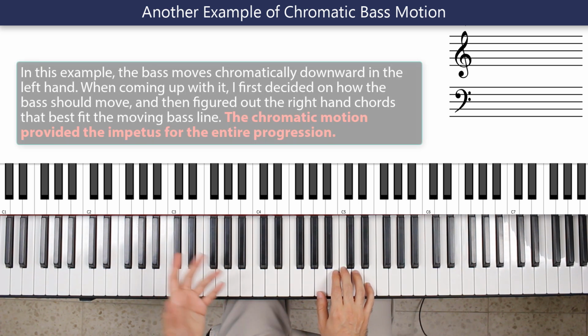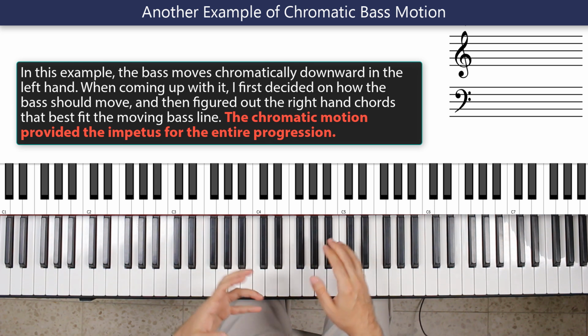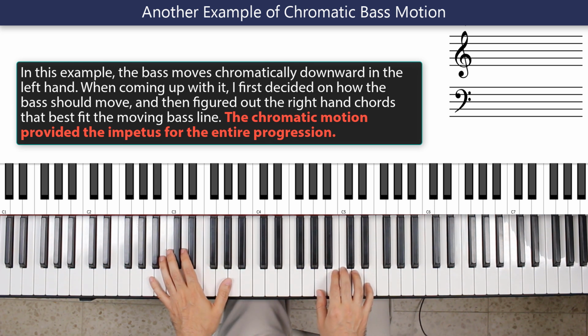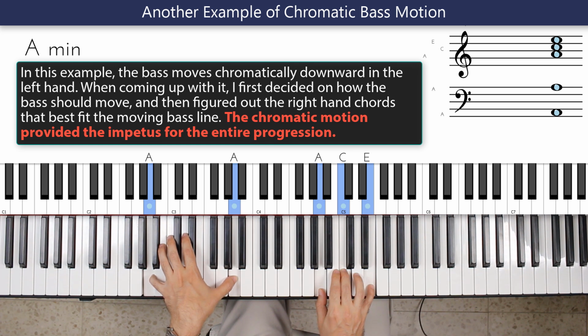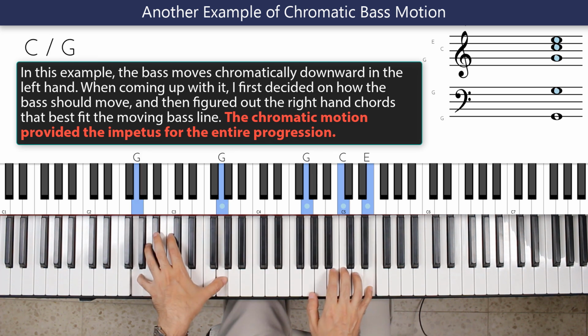For example, there are many famous chord progressions or voicing progressions that think in terms of chromatic motion. For example, think of this A minor going to an A flat augmented, going to a C major.